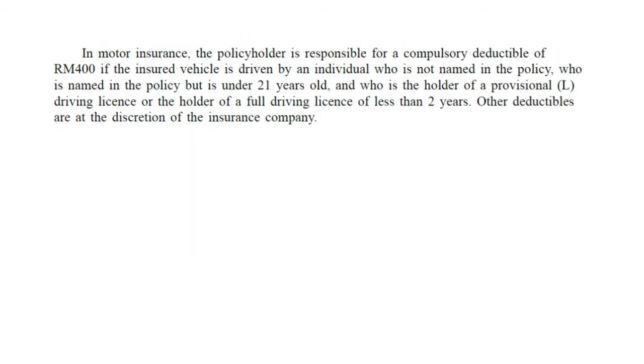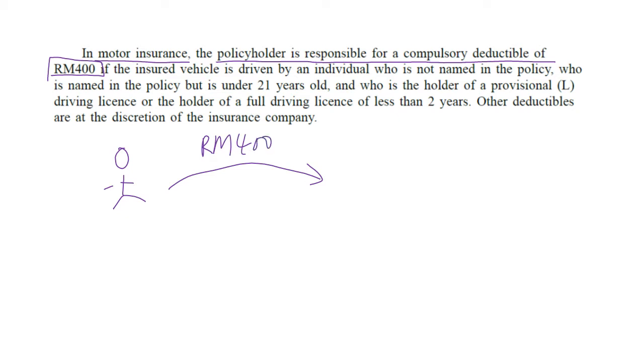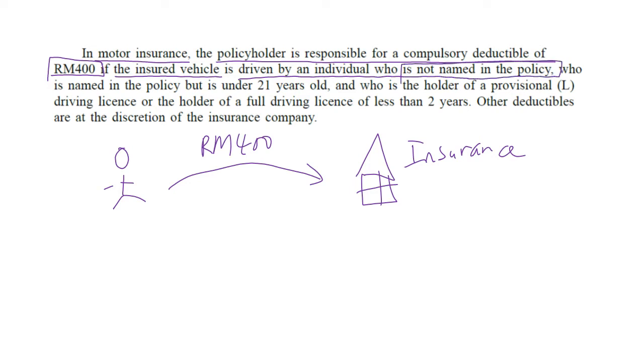In motor insurance, the policyholder is responsible for a compulsory deductible of 400. That means if you are the policyholder, you have to pay a compulsory RM 400 to the insurance company if the insured vehicle is driven by an individual who is not named in the policy.